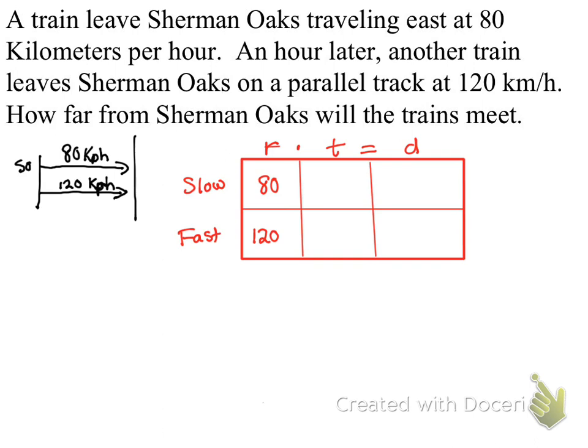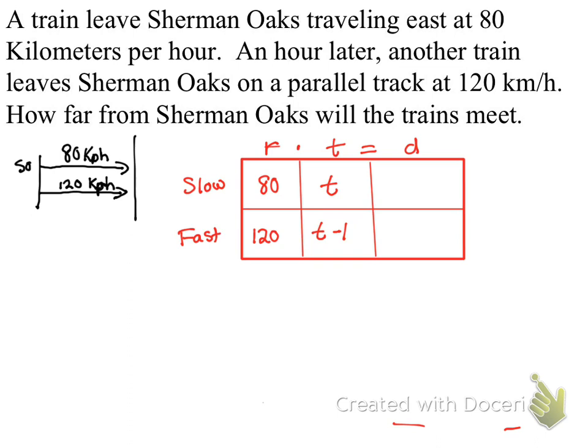We're going to keep it in hours. Okay, so you've got to match up with the speed. So what are we calling the slow time? T. And the other one is t minus 1. Good.